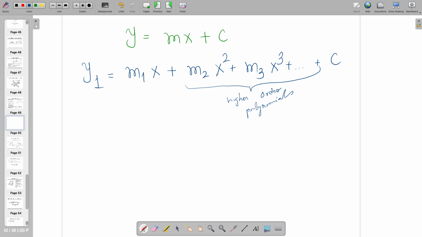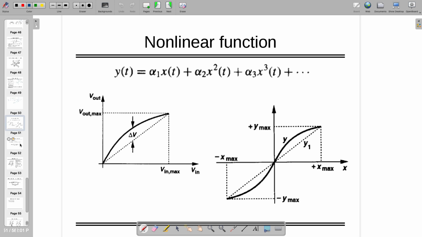So m1, m2, m3 are the coefficients, and if x is a sine omega t, then x square has to be sine square omega t. This is not the way to represent all the polynomials, but it's a modified equation which we have already studied, and there is nothing like c, but c will be there.